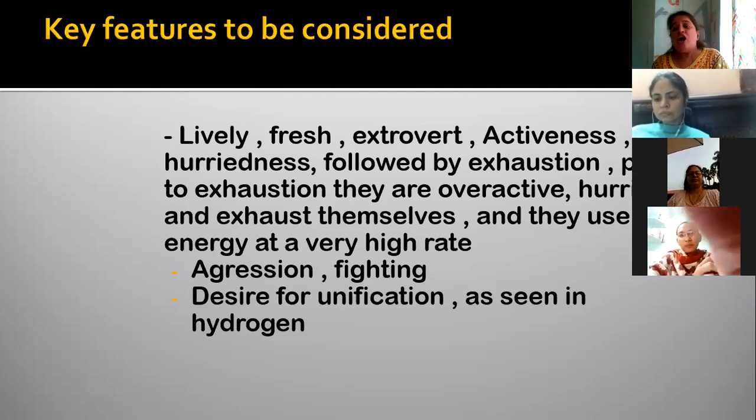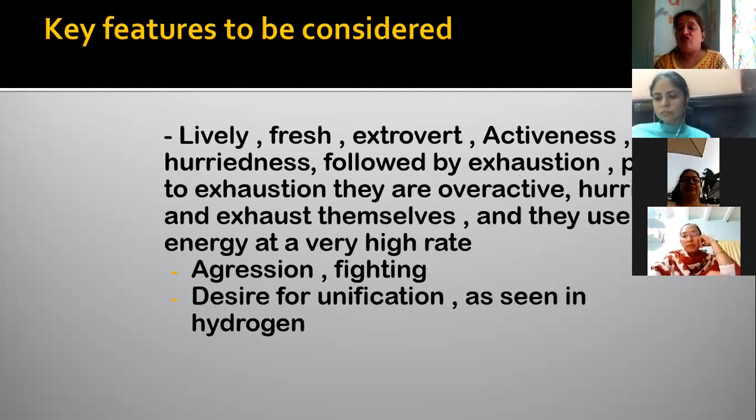And then they would be having the prostration phase, the exhaustion phase. So lively, fresh, extrovert, active, they are hurried. Hurriedness is there, followed by exhaustion. They are overactive, hurried, and exhaust themselves, and they use their energy at a very high rate.